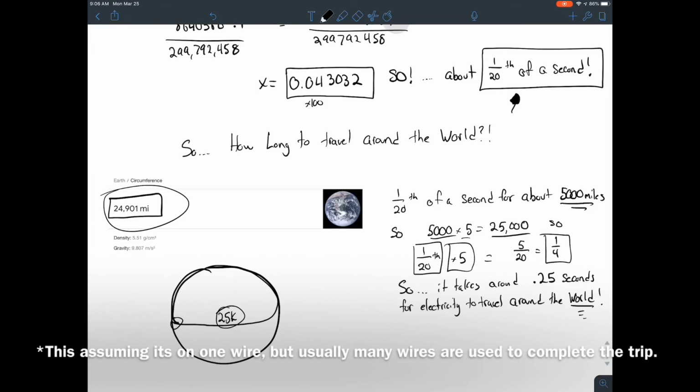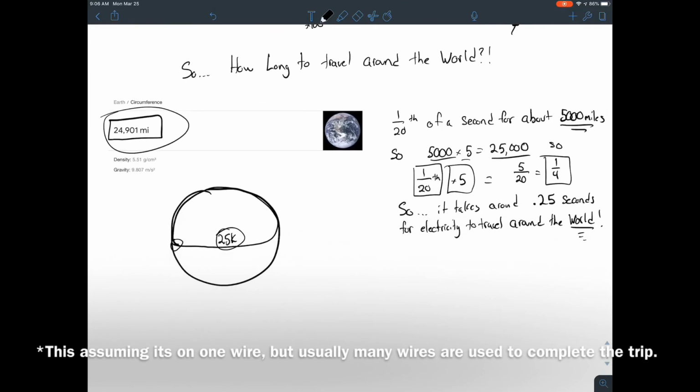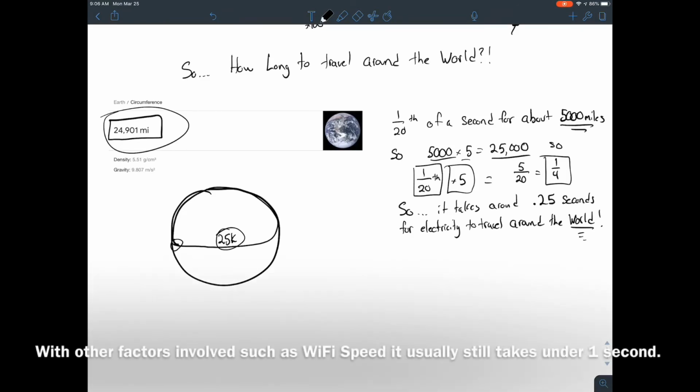So using that napkin math, we could find that it takes about 0.25 seconds for electricity to travel all the way around the world. So knowing that electricity can travel all the way around the world and text messages travel over Wi-Fi, which is using electricity, it makes sense why we're able to get messages so fast, because even if you were to send a message all the way around the world, you would get it in only 0.25 seconds approximately. So pretty cool.